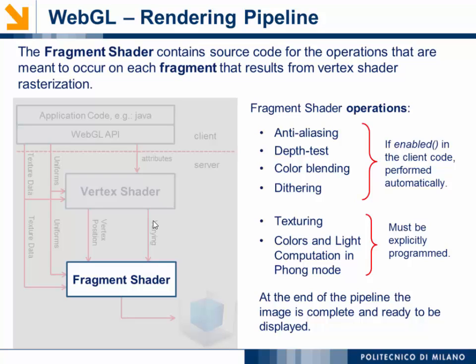At the end of the pipeline, we have the image, which is complete and ready to be displayed once the VSync signal tells us that it should be sent to the monitor. As I told you, there can be many more steps. For example, there is a geometry shader that can exist between the vertex and the fragment shader, with the task of simplifying very complex surfaces, which doesn't usually happen in embedded devices.